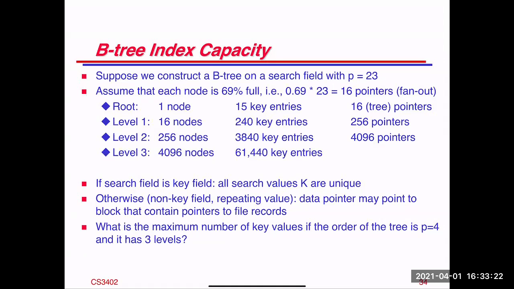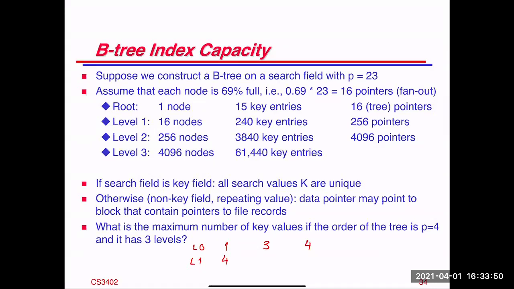Well, how many do I have on the root level? How many key entries? So I have 4 tree pointers, right? So I have 3 key entries. So I have 1 node, 3 key entries, and 4 tree pointers. So that's level 0, and level 1. How many nodes do I have? Well, I have 4 nodes, right?